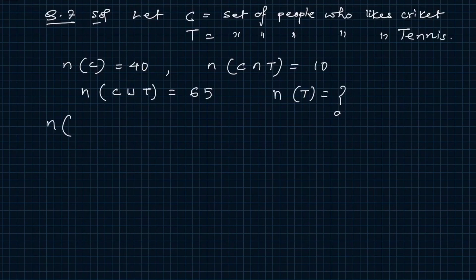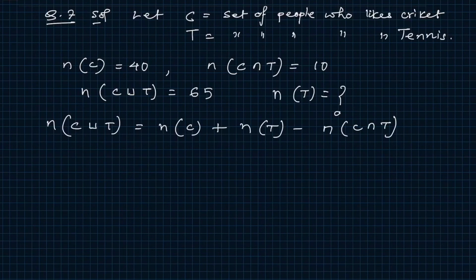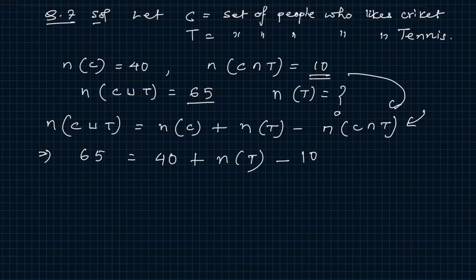So we know that the number of elements in C union T is given by the number of elements in C plus the number of elements in T minus the number of elements in C intersection T. So let's put the values here first: 65, then 40, then the number of elements in set T is not given, that needs to be found out, and here 10.